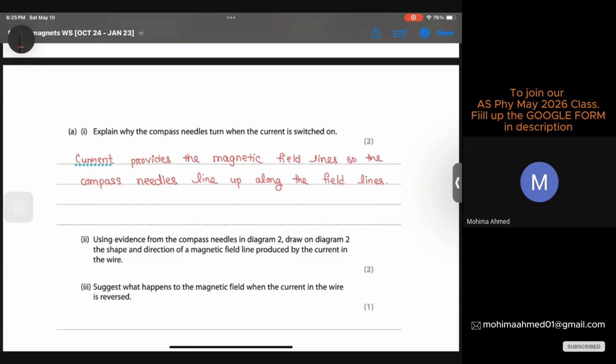This should be a final answer. It can be considered a repeated question, but it's very easy, so I don't think you have to memorize this part.